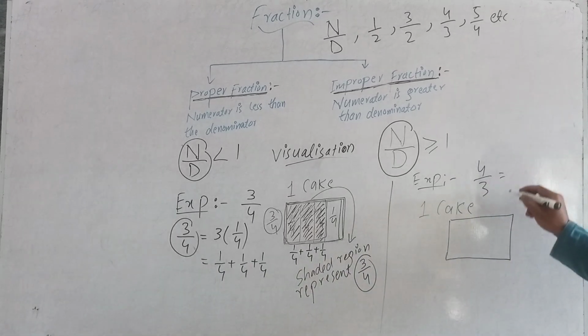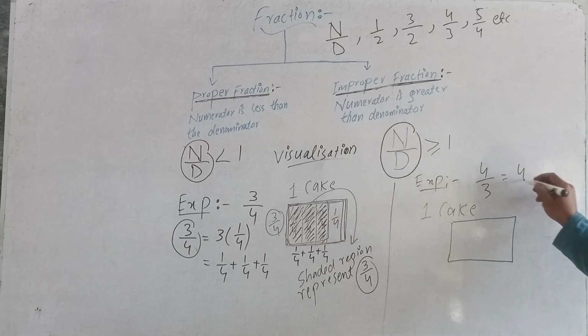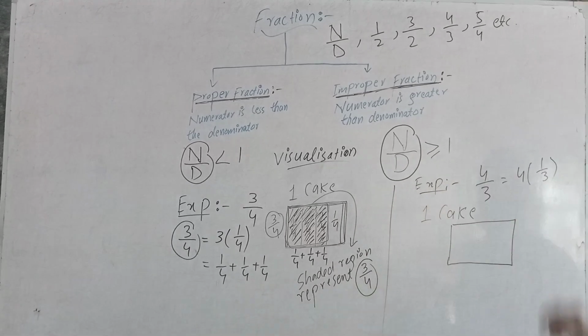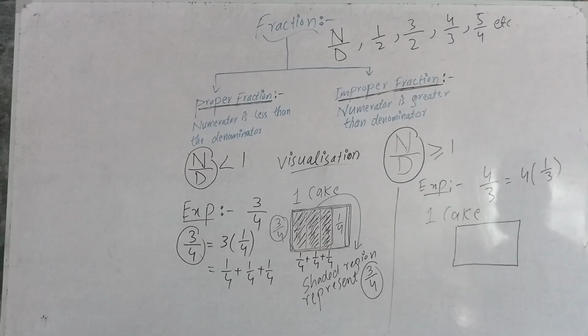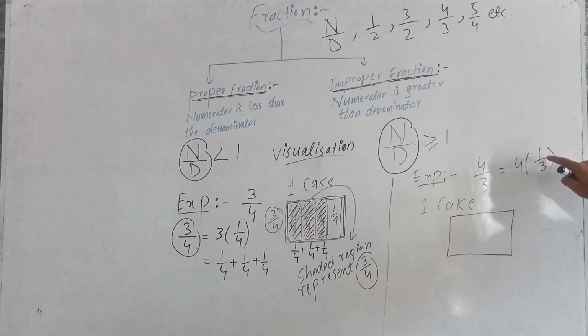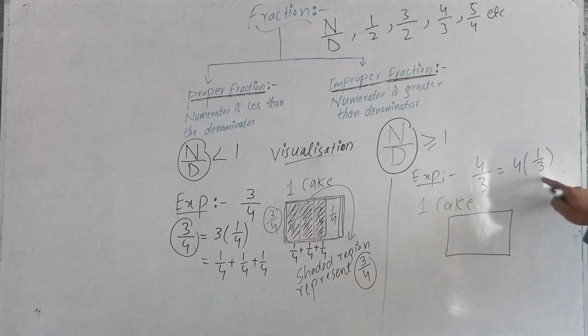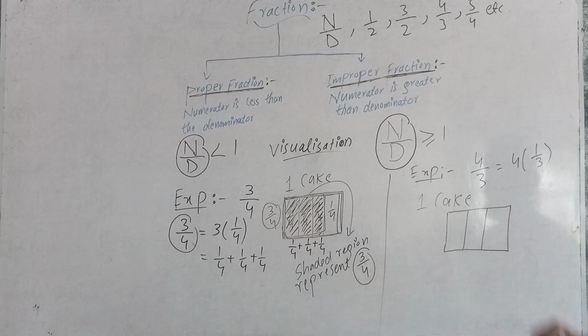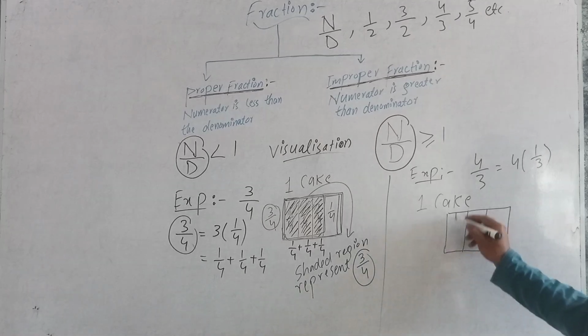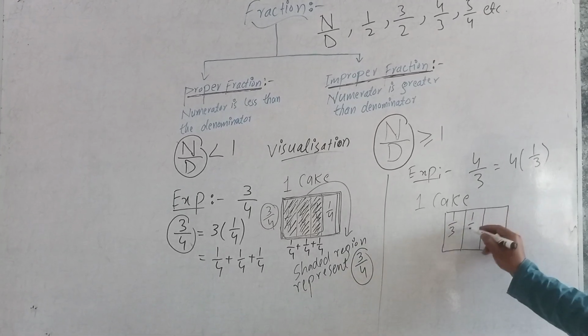So 4 by 3 means 4 times 1 by 3. First we divide this cake into 3 equal pieces. So each portion is represented by 1 over 3.